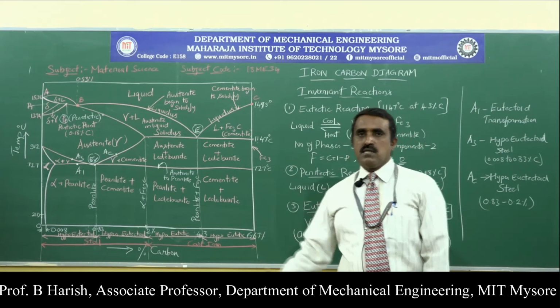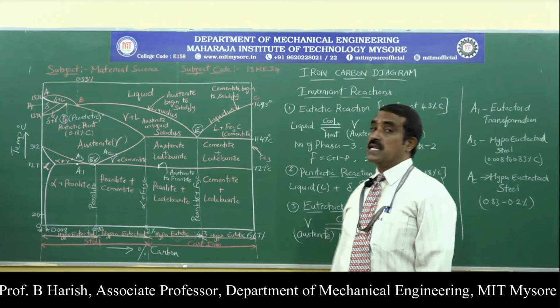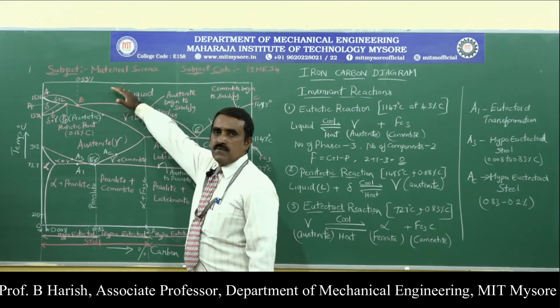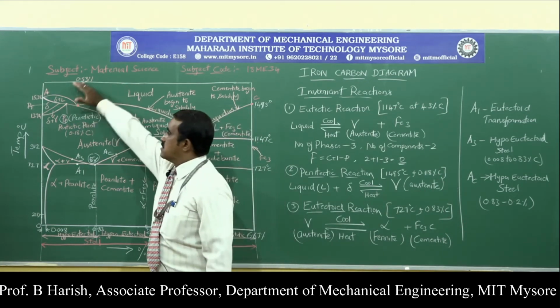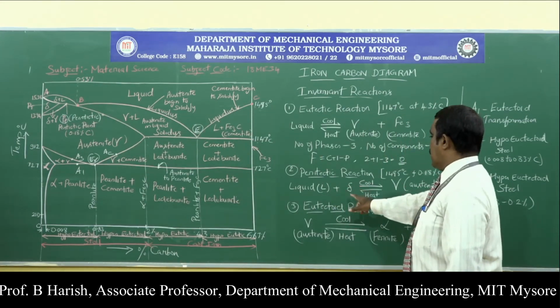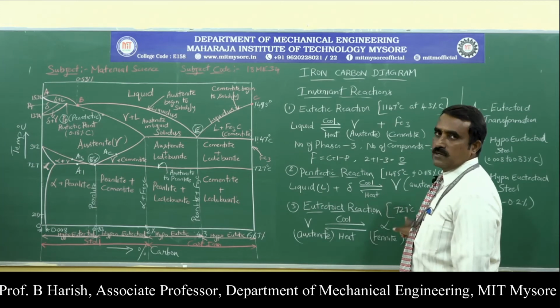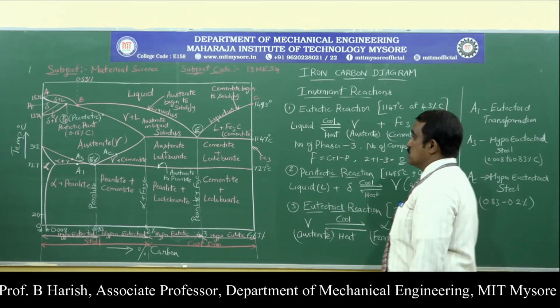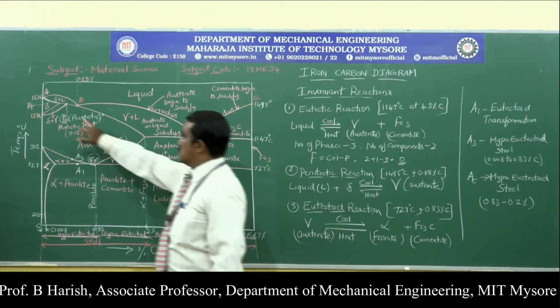How does the reaction take place? You know that above this point it is in liquid state. Liquid plus delta gives gamma, that is, austenite.